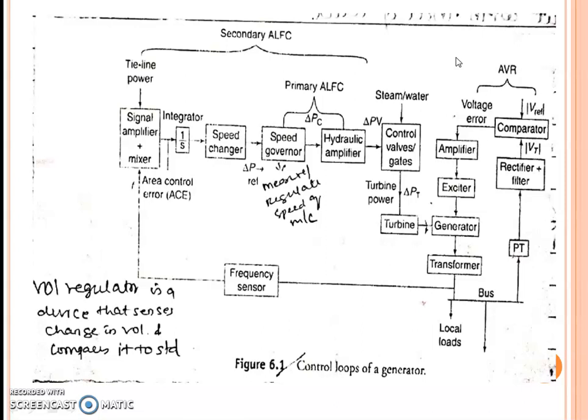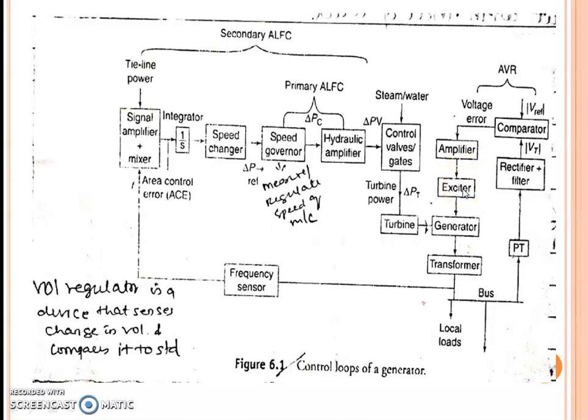To implement this AVR, the terminal voltage is continuously sensed, rectified and smoothened, and the resulting DC signal is given to the comparator. The voltage reference is also given to the comparator. The comparator compares these two signals and passes the result to the amplifier, where amplification is done, and it is given to the exciter.